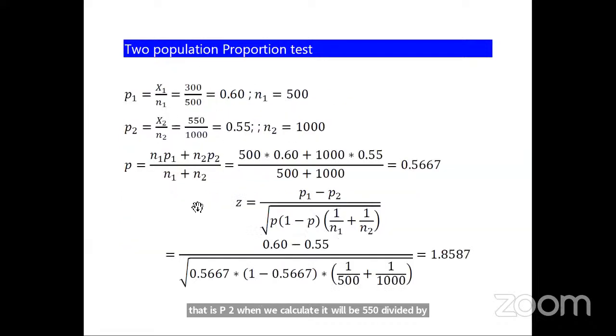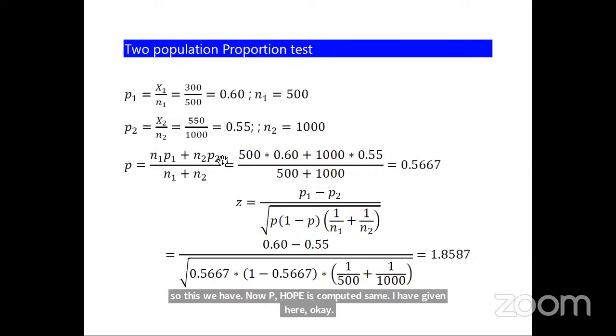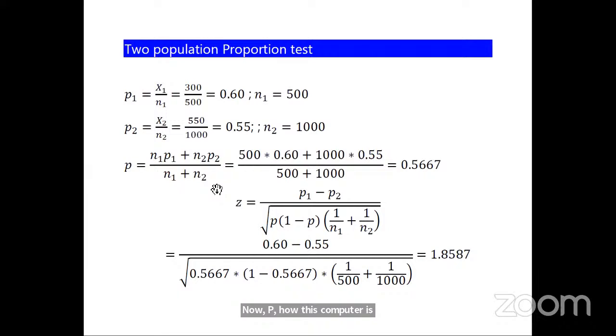So this we have. Now P, how is P computed? Same I have given here. P is N1 P1 plus N2 P2 upon N1 plus N2. Once we know these values, these are just the calculations.